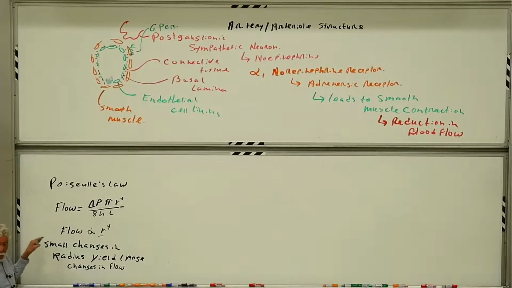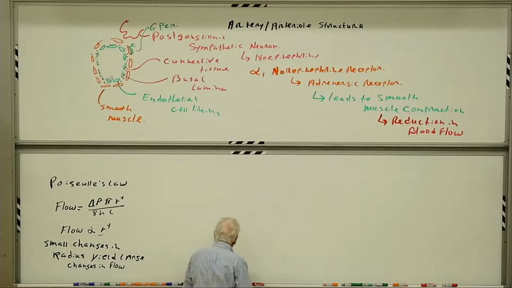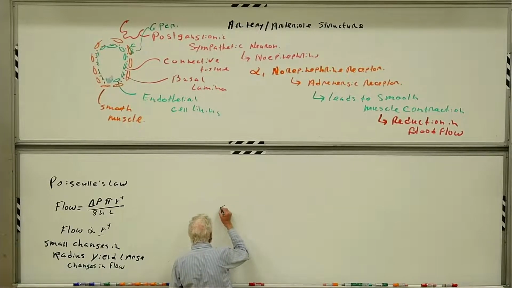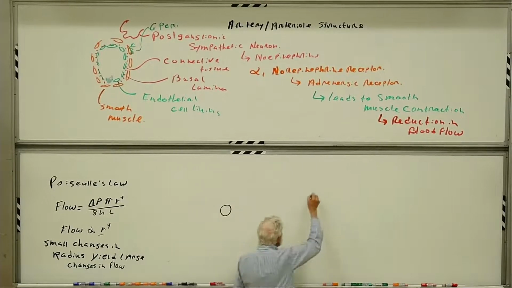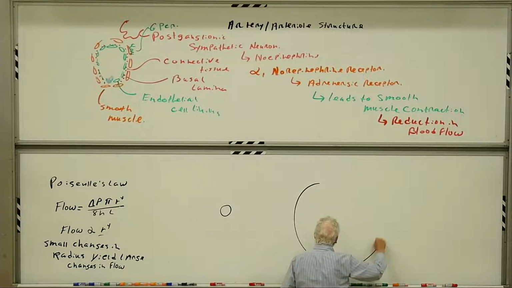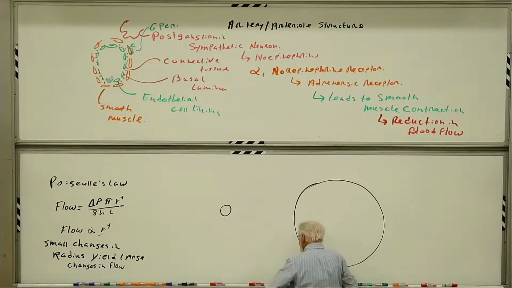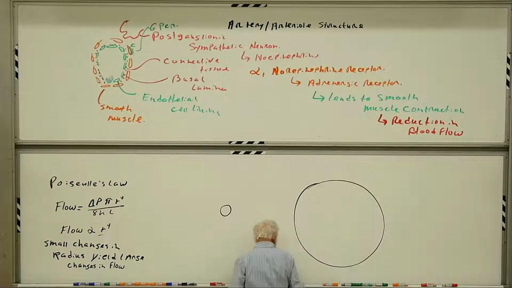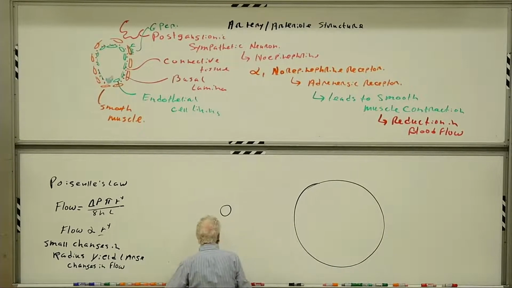We know this more or less intuitively. And we know it because we can compare a small tube with a large tube. In that tube, there's going to be a fluid.